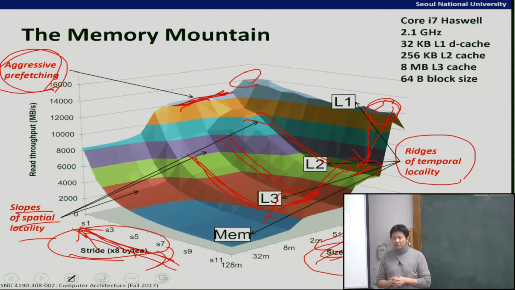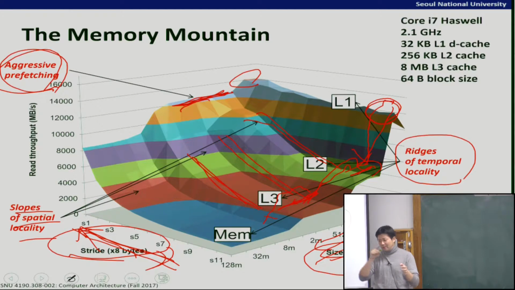Let's say you have a very regular memory access pattern, like A of 1, A of 2, A of 4, A of 6, A of 8, and so on. Then the processor is smart enough to infer that the next request will fall on A of 10.